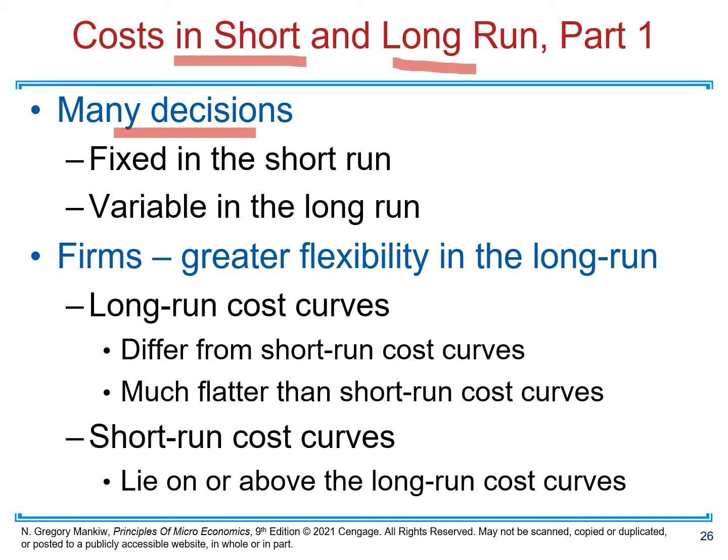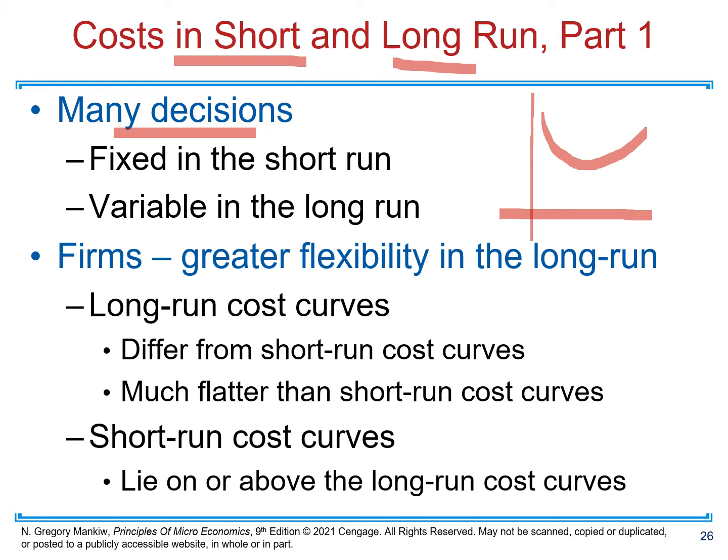The greater flexibility firms have in the long run means cost curves differ from the short run. The long run curve is much flatter than the short run. Remember, the cost we're talking about in the short run is like this.